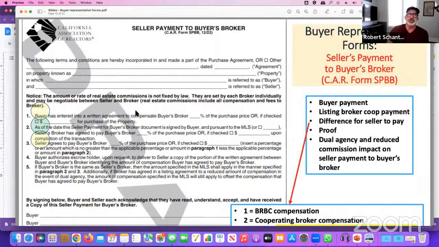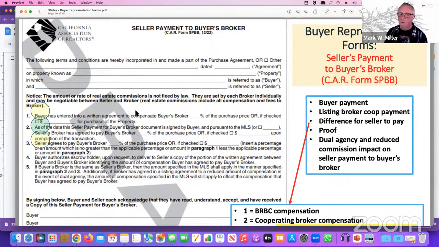Seller payment to buyer's broker. So this is the form that's being misused a lot right now. Yes, agents are thinking that this is a way to define compensation and not realizing that it requires that there is a buyer representation, a BRBC, with the buyer in order to even use this form.